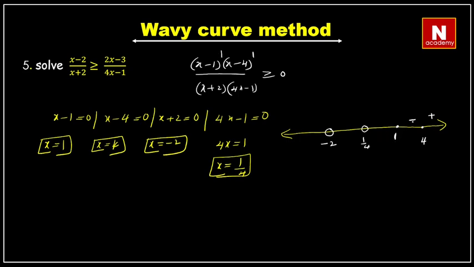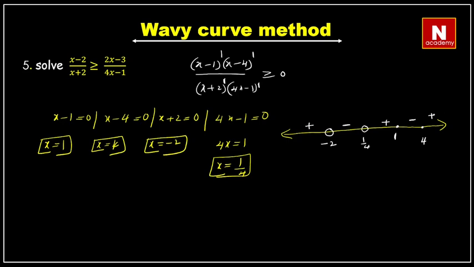That's why the sign again changes minus to plus. At 1 by 4, also the 4x minus 1 power is 1, 1 is odd. That's why once again positive to negative. Sign changes positive to negative. And at minus 2 also the x plus 2 power is 1, 1 is odd. That's why the sign changes again minus to positive.